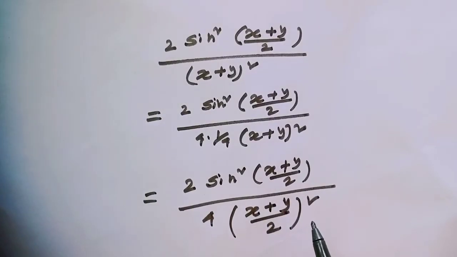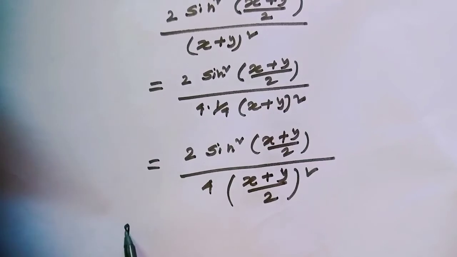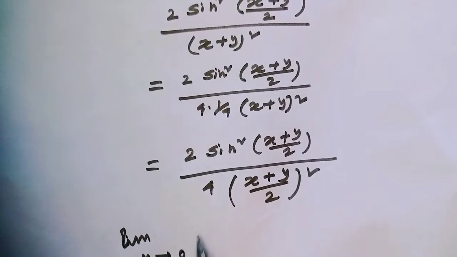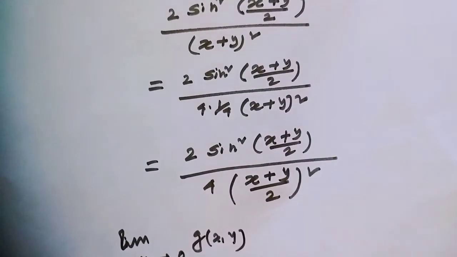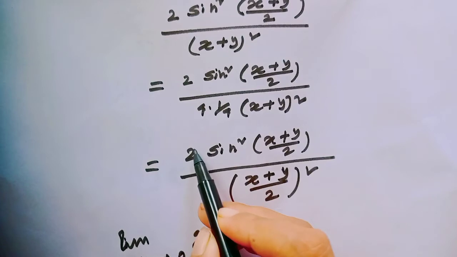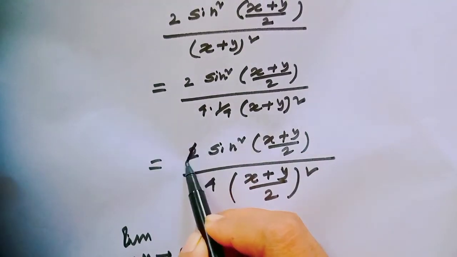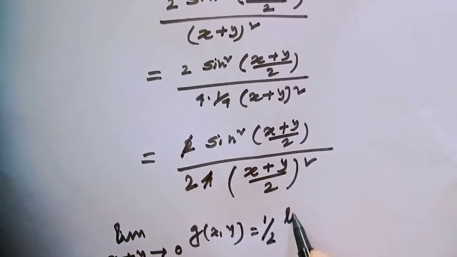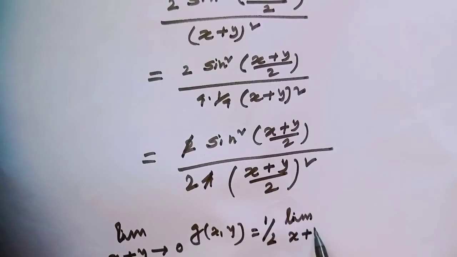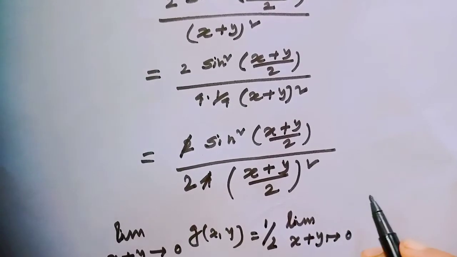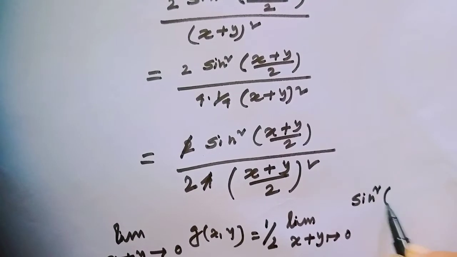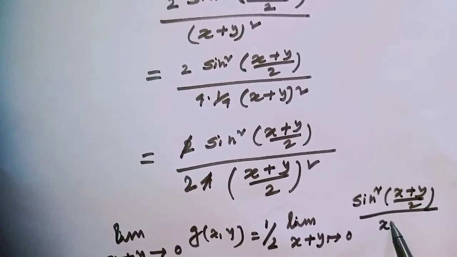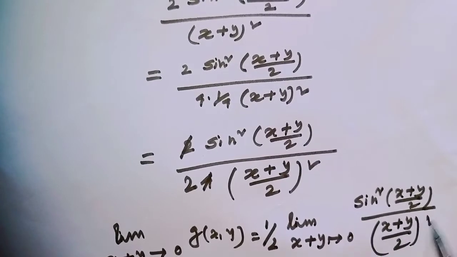Now if we put the limit, that means the limit as x plus y tends to 0 of g(x,y) equal to, if we simplify, 1 over 2 times the limit as x plus y tends to 0 of sin square (x plus y over 2) over (x plus y over 2) whole square.